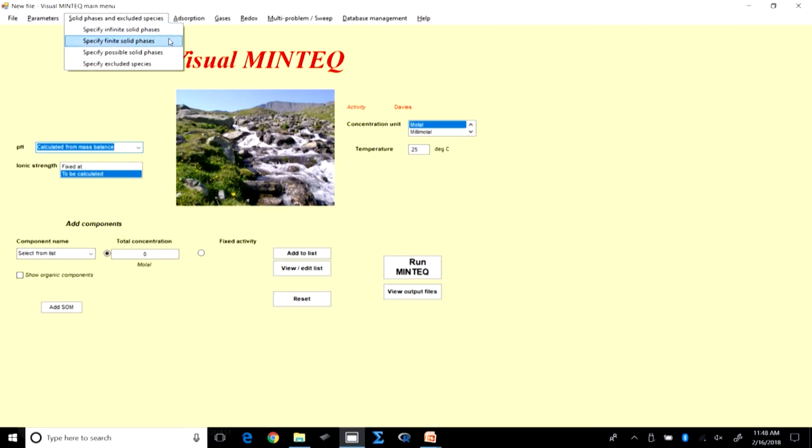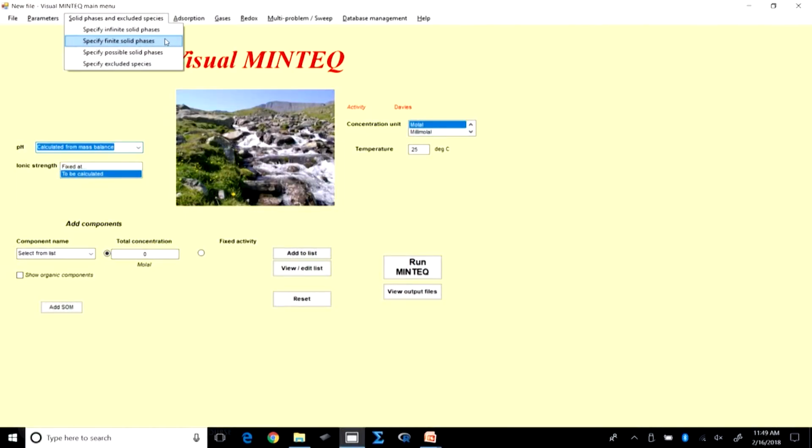There are different aspects here, as you can see. You can specify an infinite solid phase or you can specify a finite solid phase, right. The key is that if you have very little solid phase, it will obviously dissolve, but we don't know if the equilibrium will be reached before the solid has completely dissolved, or if it hasn't reached equilibrium even after all the solid has dissolved.